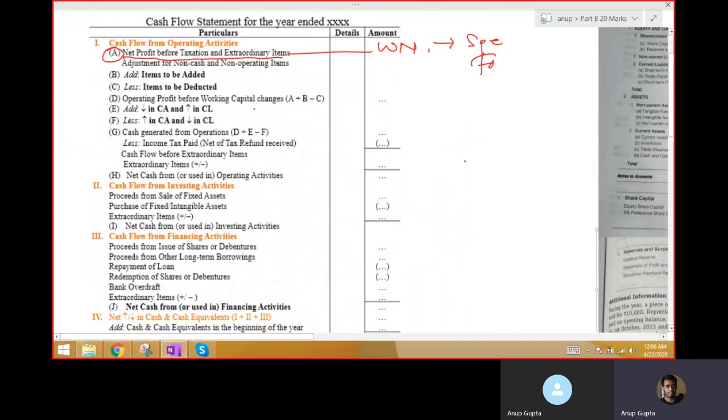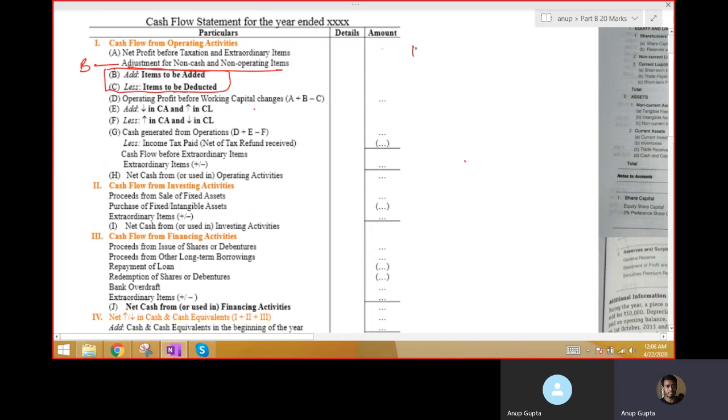In this video we will do step B, that is adjustment of non-cash and non-operating. As I said before, this will be done together. B and C will be done together, adjustment of non-cash and non-operating activity.